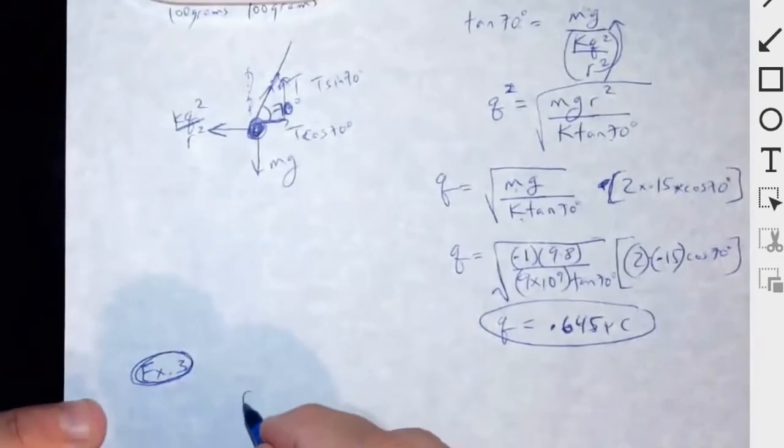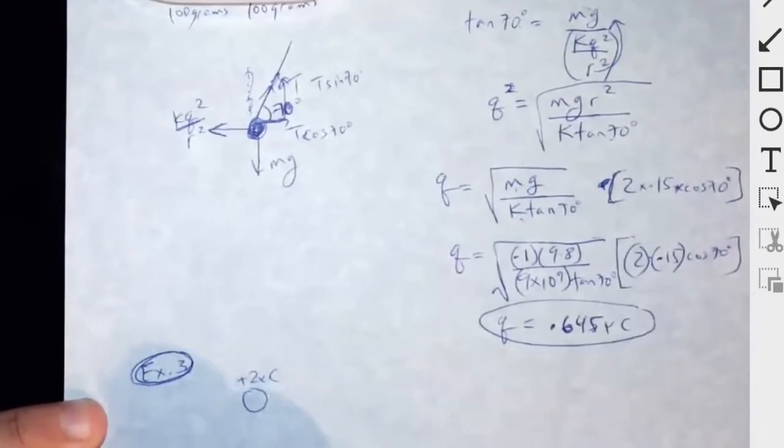Let's say you have positive 2 microcoulombs.